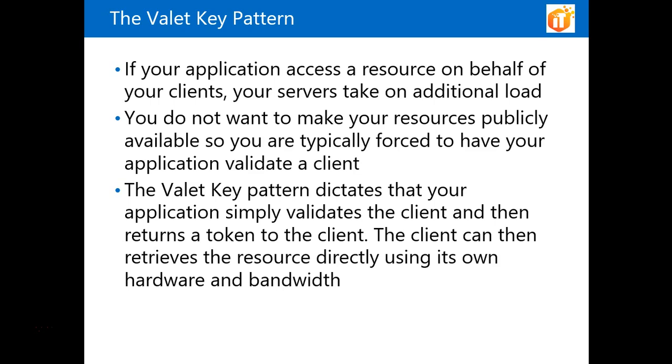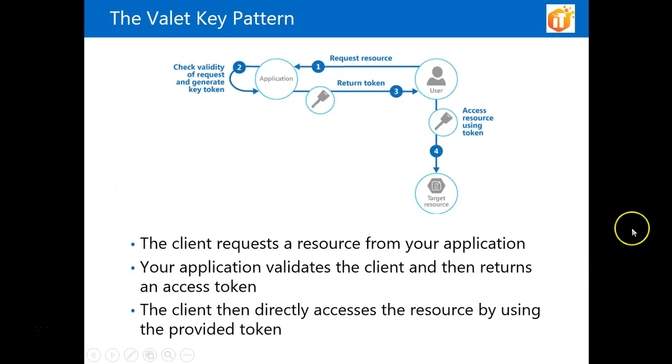The pattern specifies that the client needs to send a request to the web service or application if it wants to access a media asset. The application then validates the request. If the request is valid, the application goes to the external storage mechanism, generates a temporary access token, and then provides the URI of the media asset to the client along with the temporary access token.